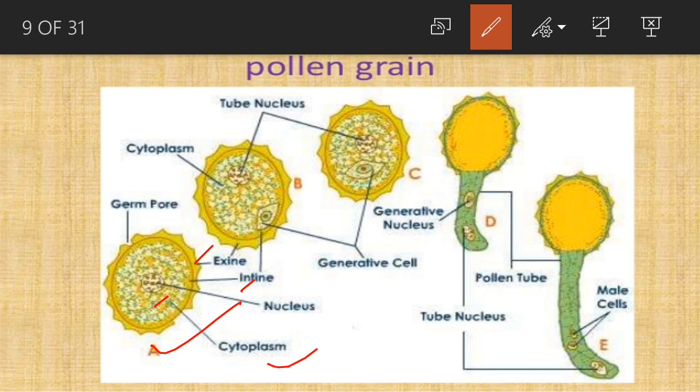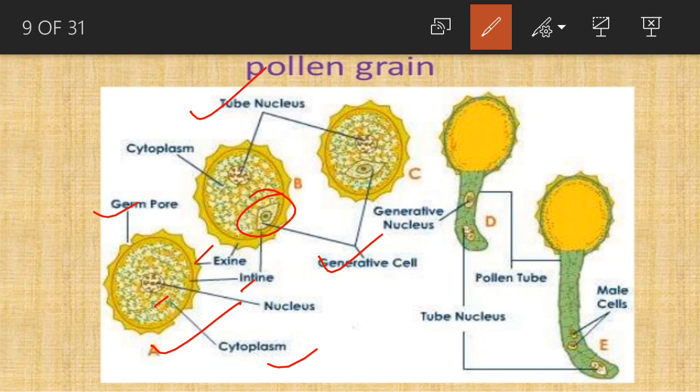There is a gap in the exine, that is the germ pore. This nucleus will divide to form two cells, one is the generative cell and the other is the tube cell. The generative cell lies inside the tube cell, and these two cells are present in the pollen grain.